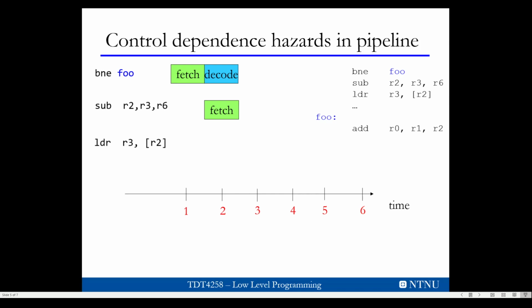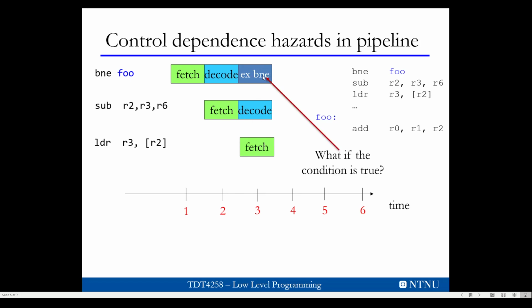In the next cycle, the branch instruction will be executed and the other two instructions will be decoded and fetched. At this point, we will know whether the branch will be taken or not. So what happens if it is taken? If the branch is taken, we need to execute the add instruction and not the sub and LDR instructions.